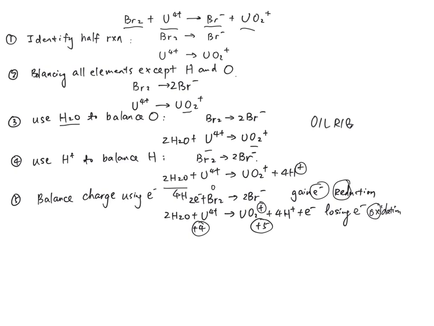Red means gaining electron, that means electron on the left side. Ox means losing electron, that means electron on the right side. So it has to be on different sides for the two half reactions. If they're on the same side, there's no way you could continue in the next step, because the next step is combining half reactions.